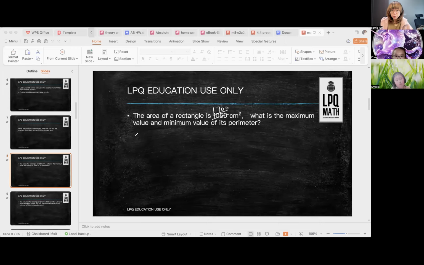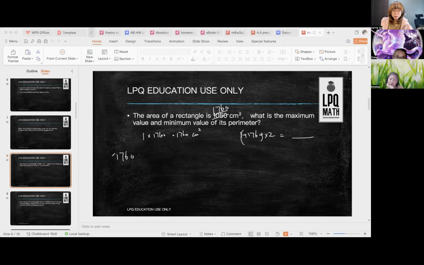So the easiest will be the maximum, right, Amelia? So 1 times 1,760 equals 1,760 centimeters squared. So that's why 1 plus 1,760, times 2, equals the biggest possible perimeter. Correct, Zoe? Okay, so let's take a look at the smallest one.